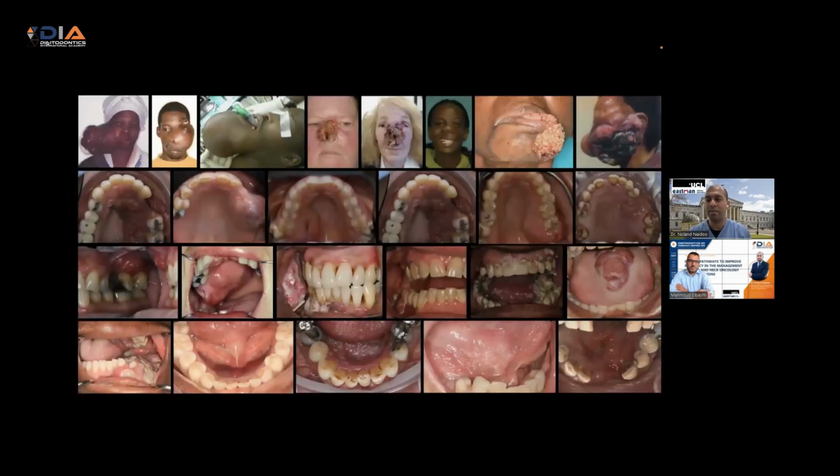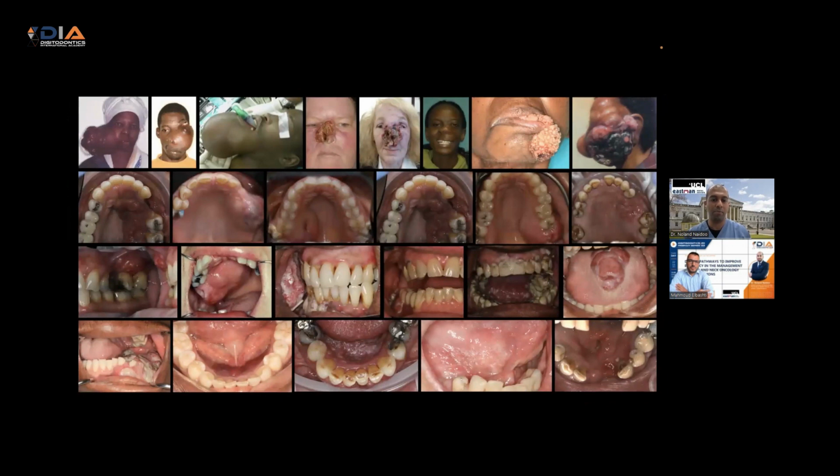Now, this is just a collection of pictures of patients I've treated over the years, and you'll see a vast array of presentations of the different types of oncology that we saw in private practice and at university. And our goal was always to try and rehabilitate the patient so that they can integrate back into society.